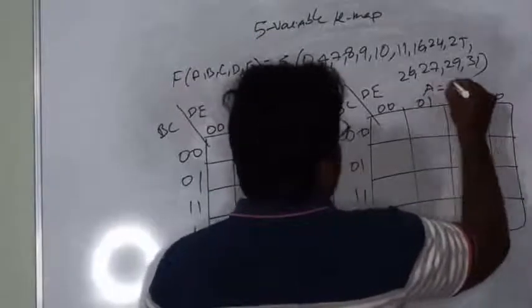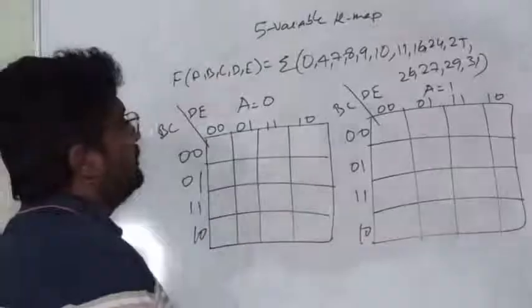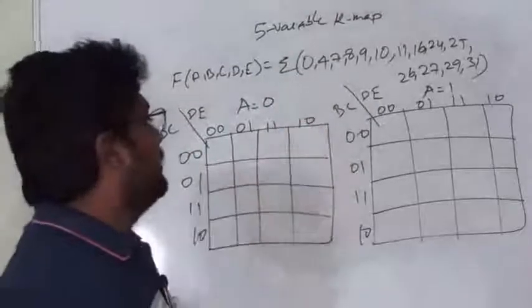Here A is equals to 1 and for this one A is equals to 0. So now place the min terms given in these squares.